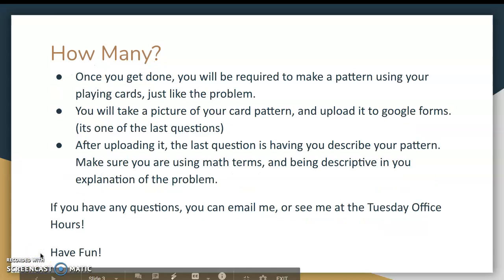Once you are done with those questions, I think it's the second to last question, you're going to be required to make a pattern using your playing cards, just like in the problem. You do not have to use all of your playing cards. You can use just a couple of them. But once you get done with that pattern, you're going to go ahead and take a picture of that card pattern and then upload it to Google Forms.